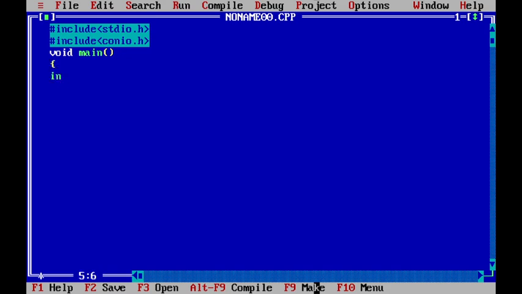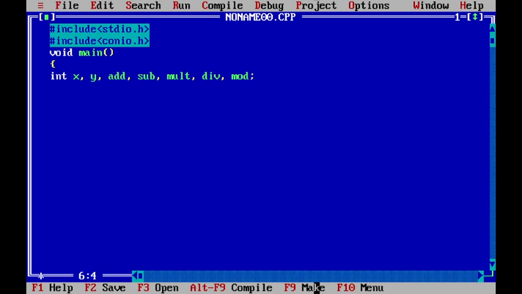Now we want to declare integers x, y, then for addition we use add. For subtraction we use sub, for multiplication we use mult, and for division we use the variable div. You can also determine modulus, that is the remainder, when we divide any two integers. Here you can use a mod variable for the remainder.